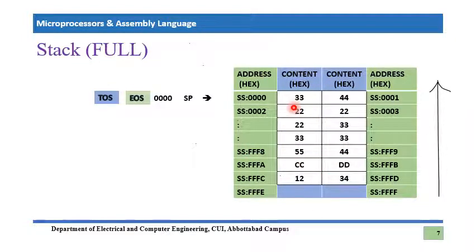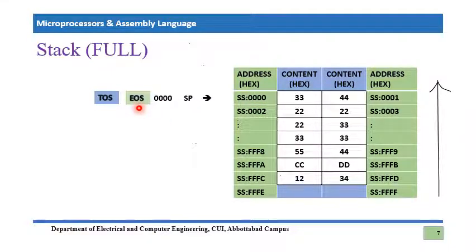The very last information sent into the stack was 3344, and it is stored in the very last address, that is SS:0000, and the stack pointer value is 0000, and that is also considered the end of stack.